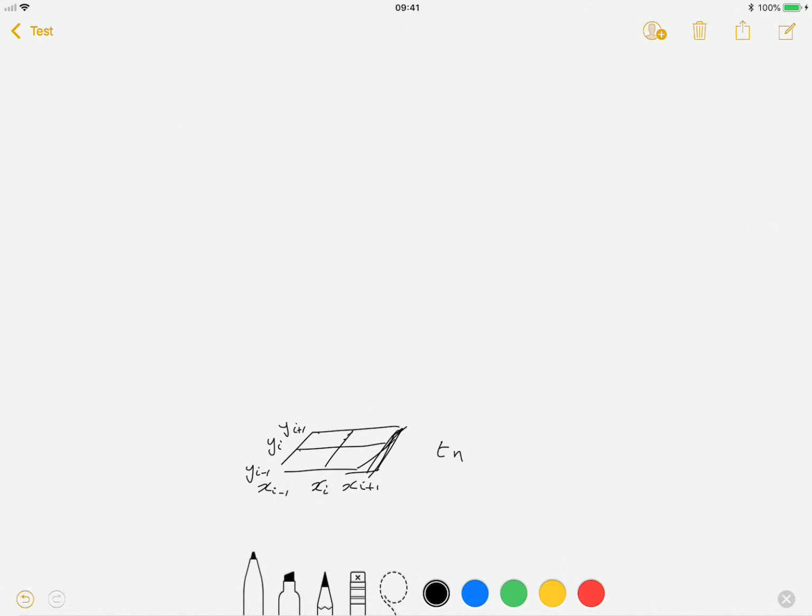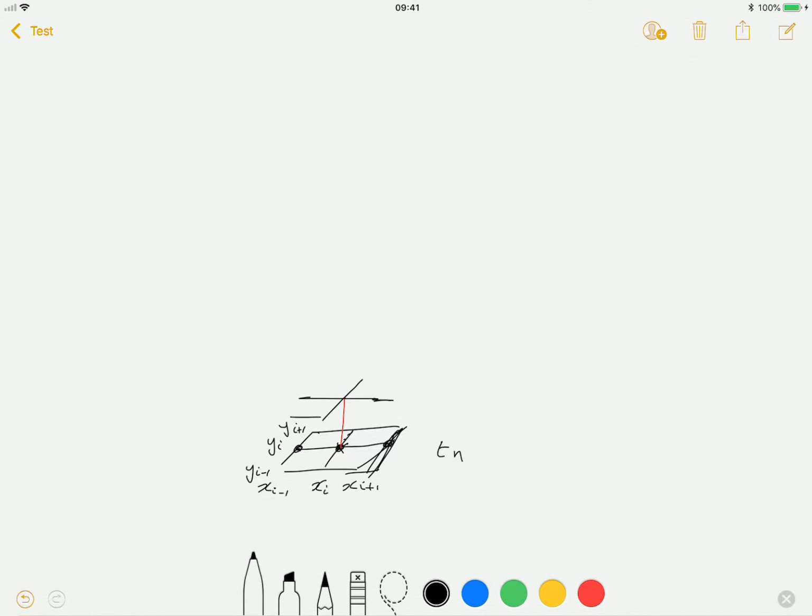We split up our grid, so we use the spatial values along i, say for the y example, and then we move to halfway between Tn and Tn plus 1.